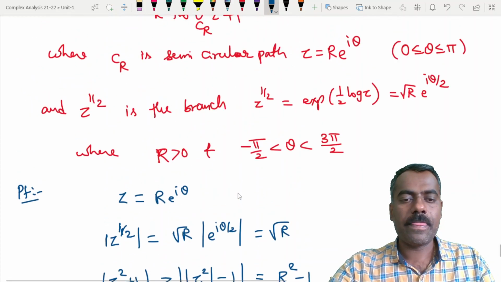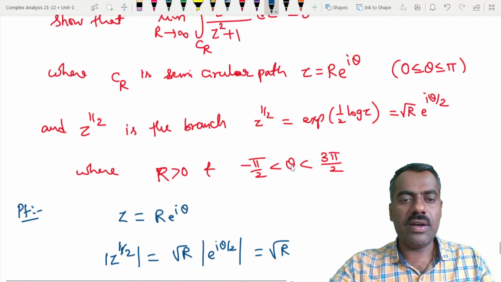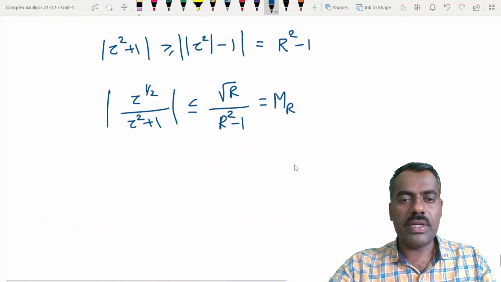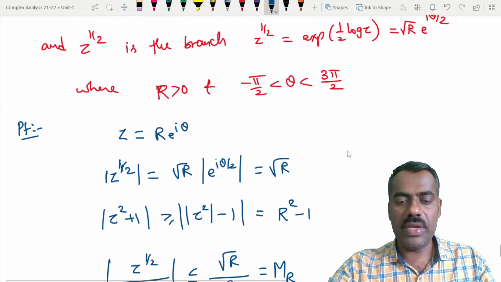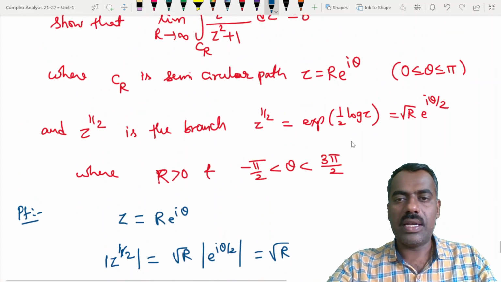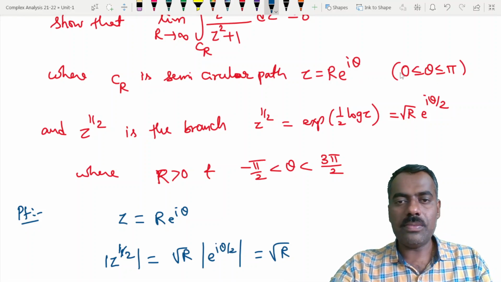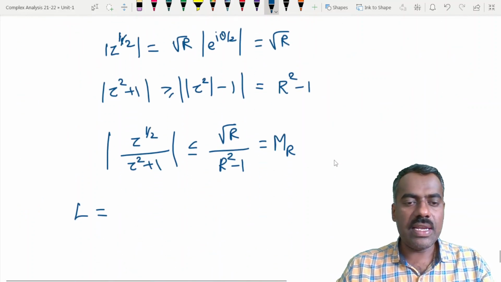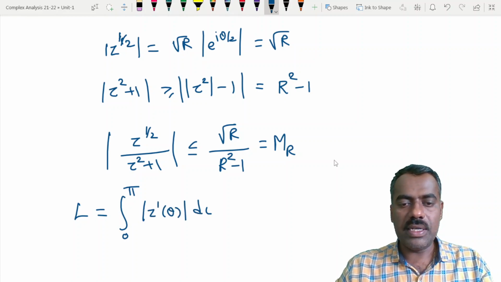Now you can find the length of this curve. What is the length of this curve? How can we represent it? Because z is R e power i theta, where theta is from 0 to pi, I can write L as the integral from 0 to pi of modulus of z dash of theta dt.